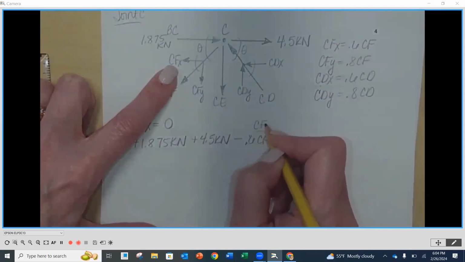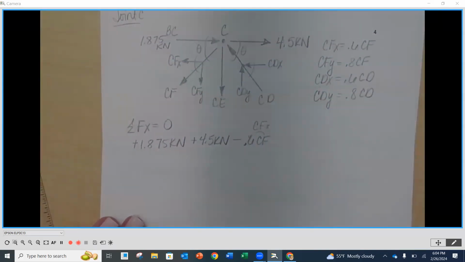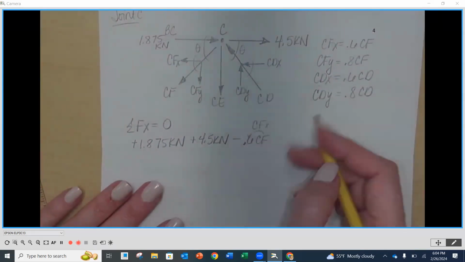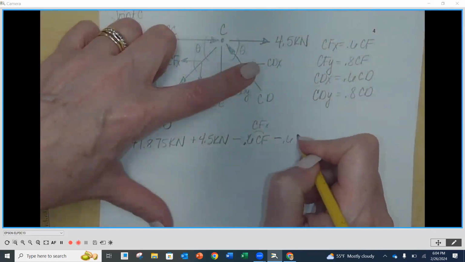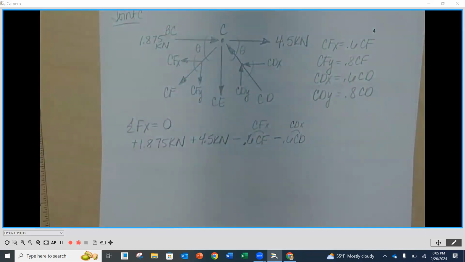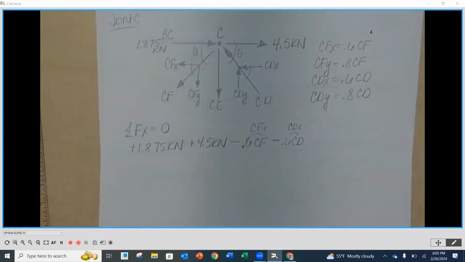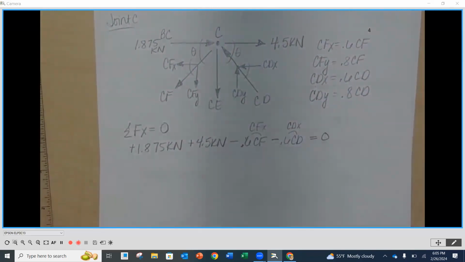This was my CFX going to the left, so it has a negative in front of it. Then I also have a negative CDX, which is going to be 0.6 times CD, which is my CDX component. Now, again, these are all going through the point, but I have them offset. As you can imagine, there would be just a ton of lines and arrowheads trying to go on the same spot. Set this equal to 0.